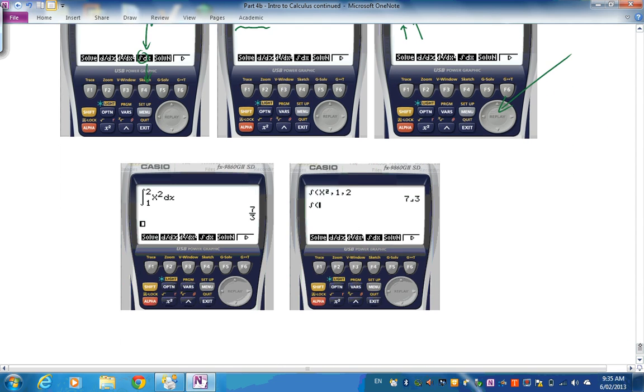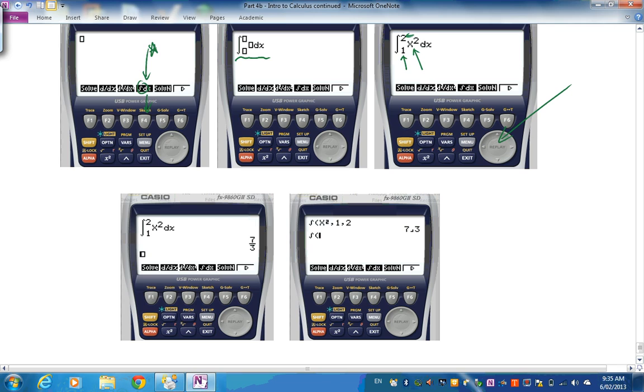If you have run mode in linear form, you don't get this. So when you do that and hit execute, you get the answer. If it's in linear form, just check that. If you go shift menu, so shift and menu to set up, in run mode you can change it to linear up the top in the first entry.